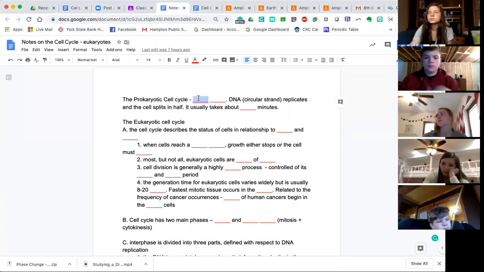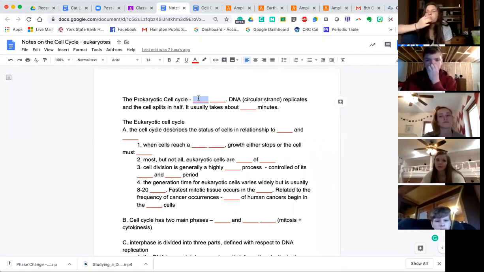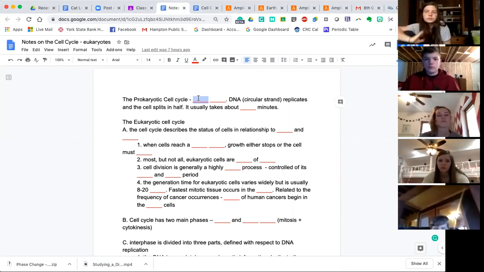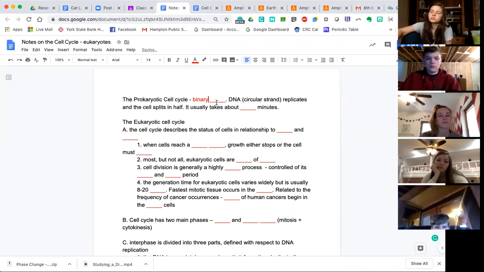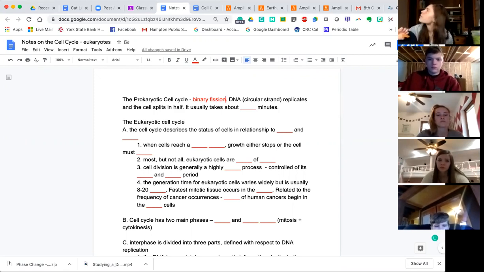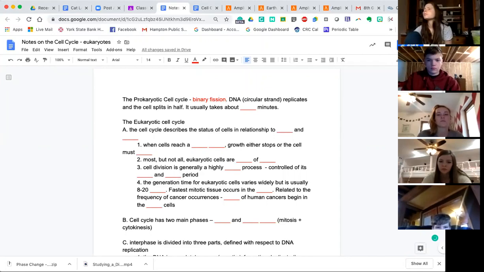So the prokaryotic cell. Prokaryotic cells are really simple. They only have a circular strand of DNA, not like us with our 46 chromosomes. So a prokaryotic cell uses a process called binary fission. Basically the cell replicates its DNA and then just splits in half.